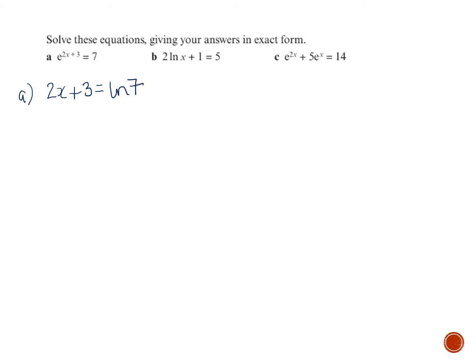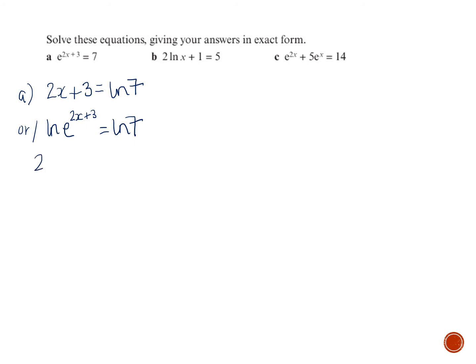Now, if you're happy to go straight to that, then that's fine. If you're happier always thinking, well, if I want to solve that because the power has x in, I take logs of both sides, this is the other first step you can write if it makes it a little bit clearer for you. Take logs of both sides.